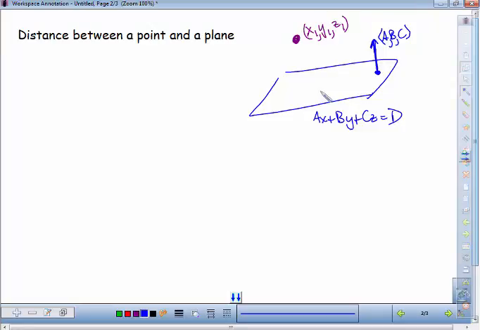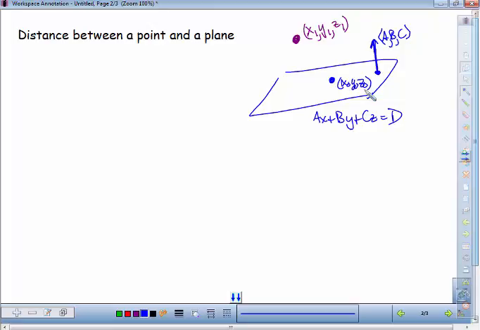Do you remember how to find a point on the plane? No? You just put numbers x, y, z in here until it works. So x naught, y naught, z naught is some random point on the plane.